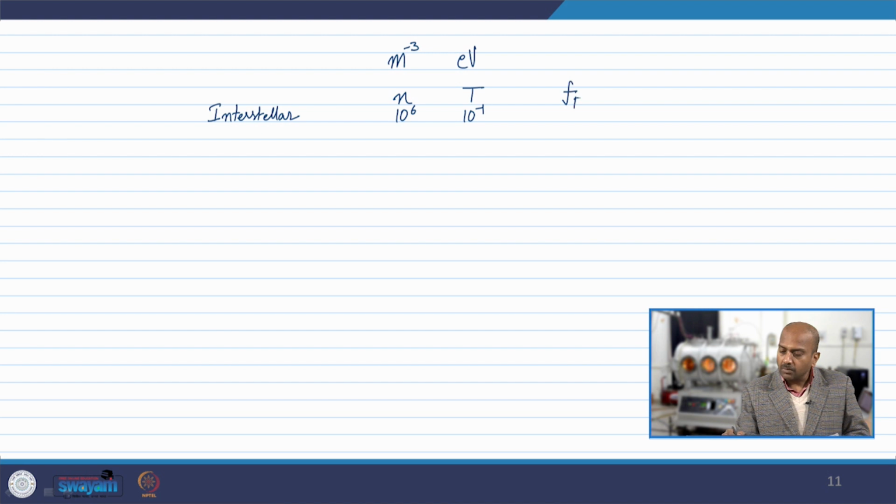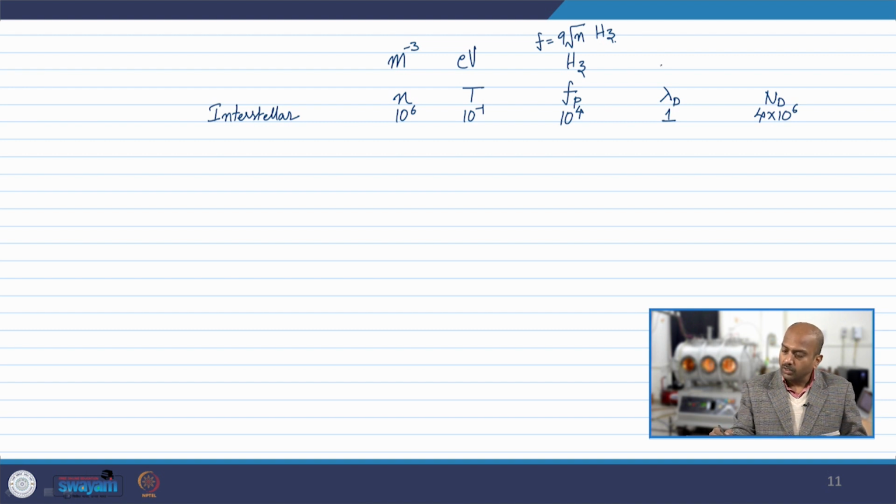Now, if you calculate the plasma frequency for this, using 9 square root of n hertz, it will be of the order of 10 to the power of 4 hertz, and the Debye length would be approximately equal to 1, and the plasma parameter Nd would be equal to 4 times 10 to the power of 6.